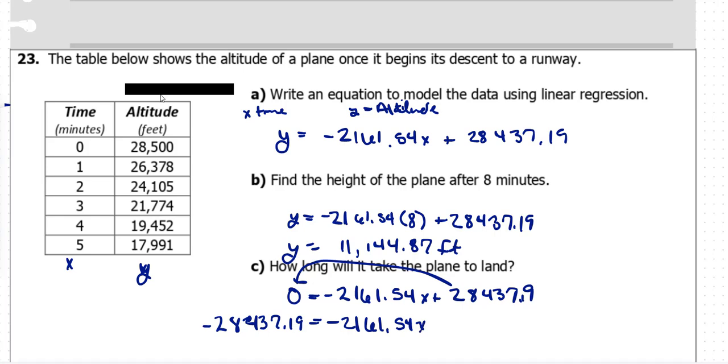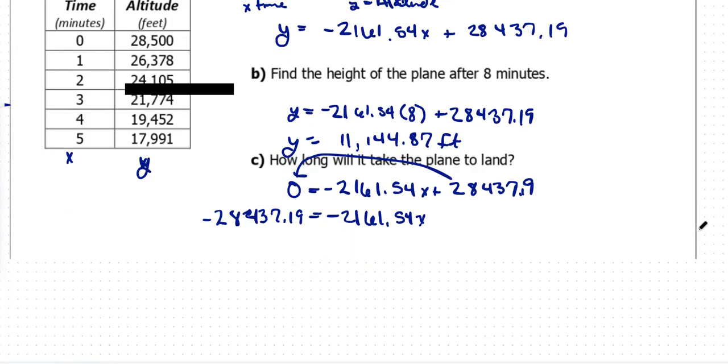I'm going to divide both sides by negative 2161.54. And it would take about 13 minutes to land.